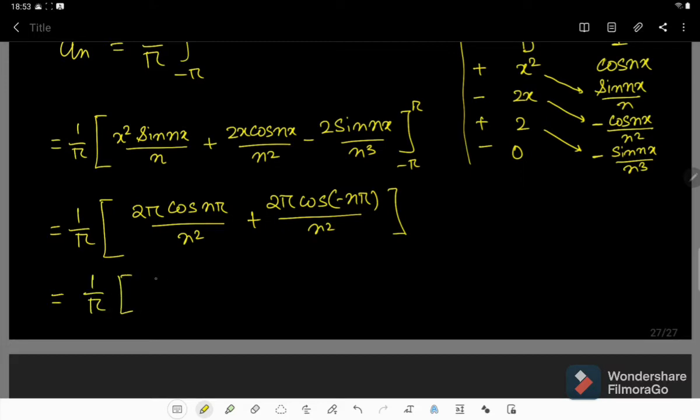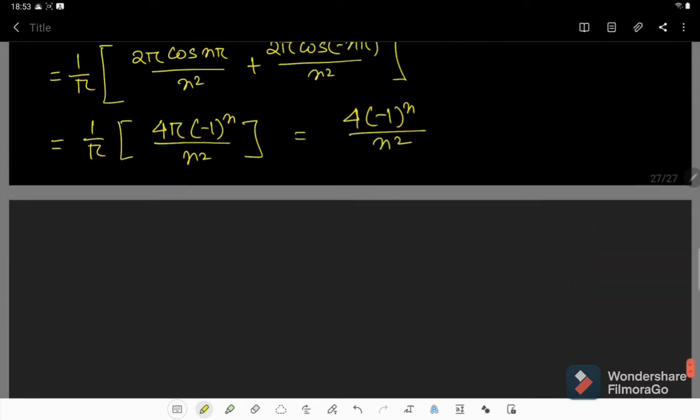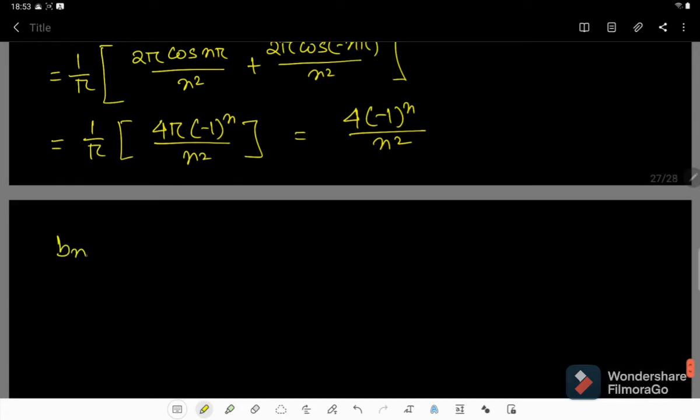So, I am writing it is basically 4 pi (minus 1) to the power n by n square. As you know, cos n pi is (minus 1) to the power n. So, I am finally getting 4 (minus 1) to the power n divided by n square. This is our an. Fine. Now, let us find bn.